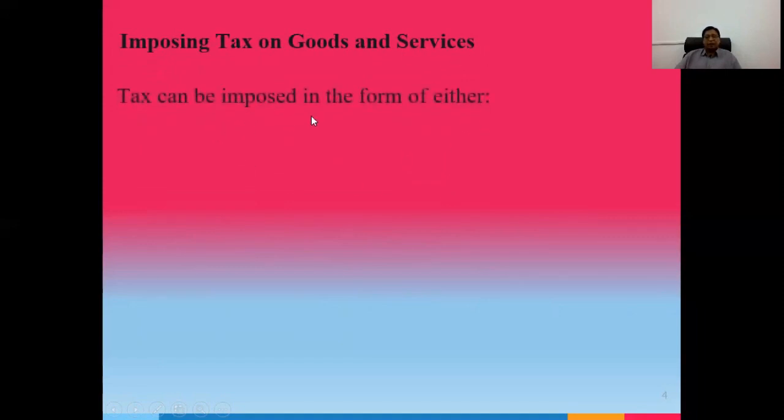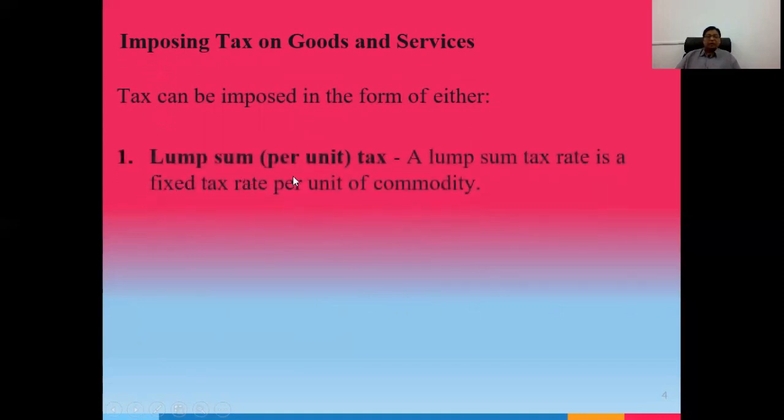Tax can be imposed in the form of either lump sum tax, per unit tax, or it is called unit tax. A lump sum tax rate is a fixed tax rate per unit of commodity. Government collects a fixed amount per unit of commodity as a tax.